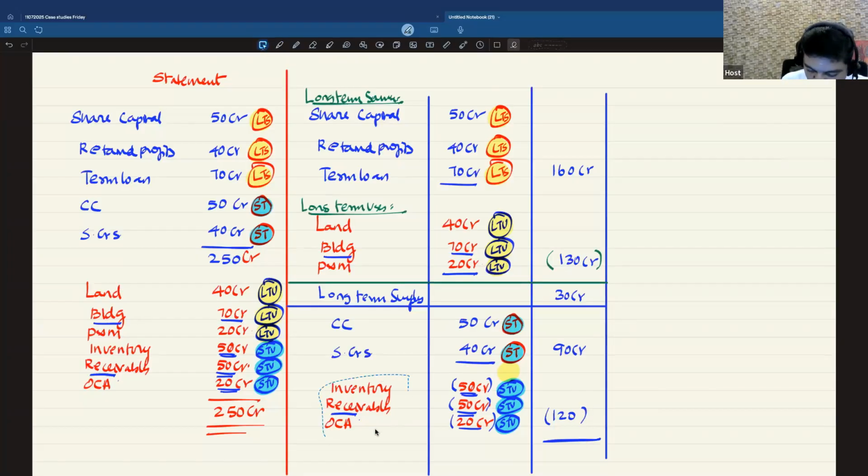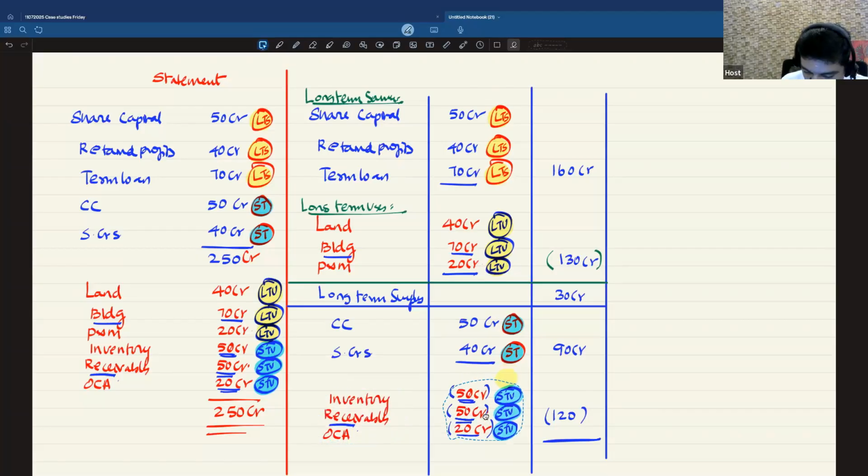Now, for a fair presentation, I'll just bring this 90 crore over here. You will understand why I have done that. See, look, they have 90 crore. Now, using this 90 crore, whether this 120 crore spending is possible, it is not possible.